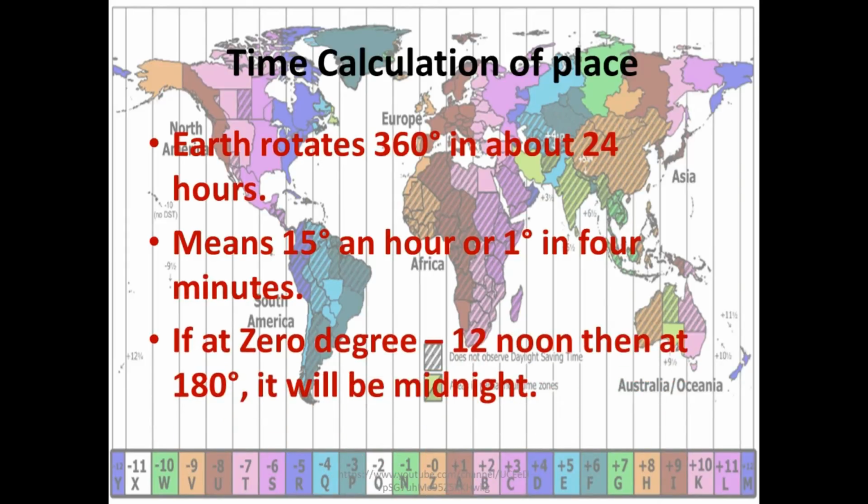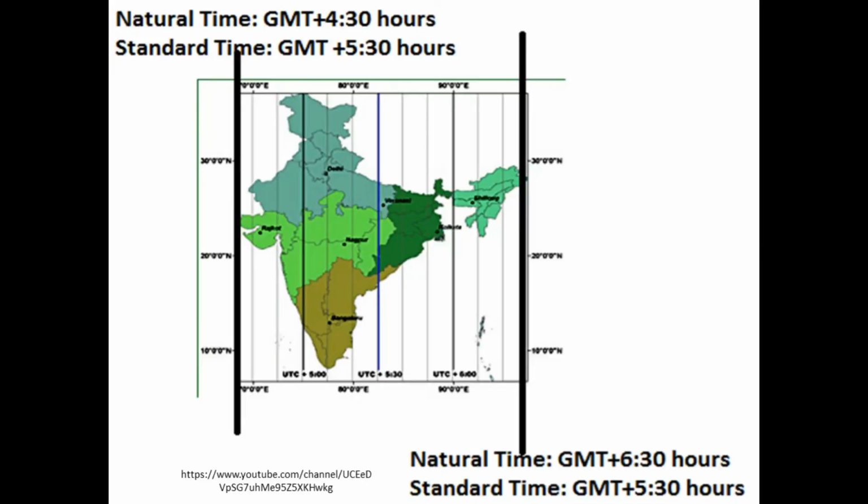If at 0 degrees it is 12 noon, at 180 degrees it is midnight. So if there is 12 noon at the 0 degrees prime meridian, then opposite, at 180 degrees, the International Date Line, it is midnight. We already discussed that.